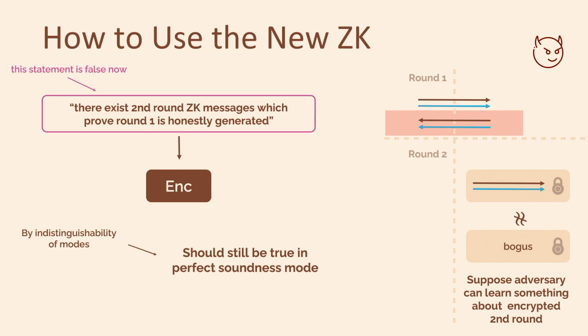But notice that now that we're conditioning on being in this mode, this statement that we used to generate the witness encryption is now false, right? Because the inner statement is false, round one is dishonest, and since we're in this mode, there don't exist second round ZK messages that prove false statements.